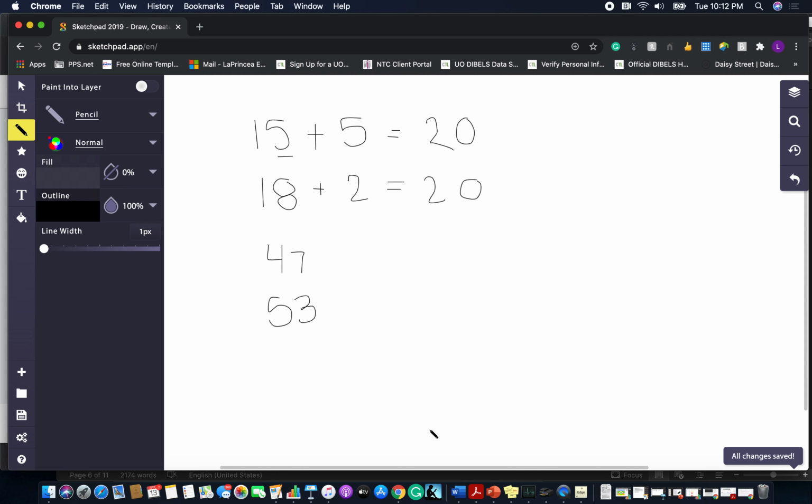And when you come back, you should have 47 plus 3 will make my next 10, which is 50. 53 plus 7 will make my next 10, which is 60.